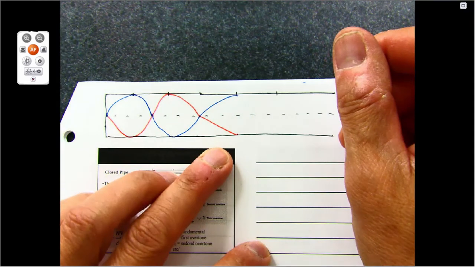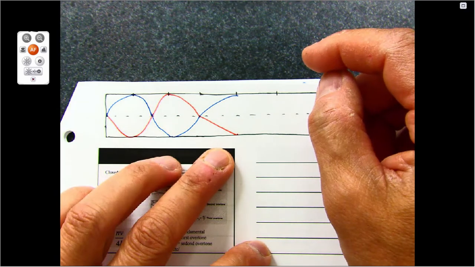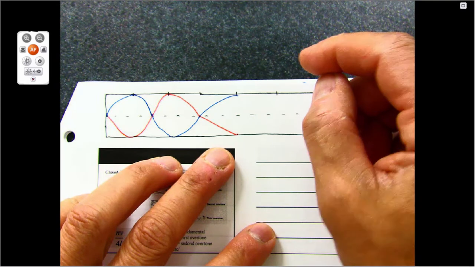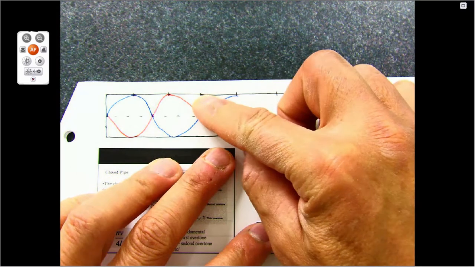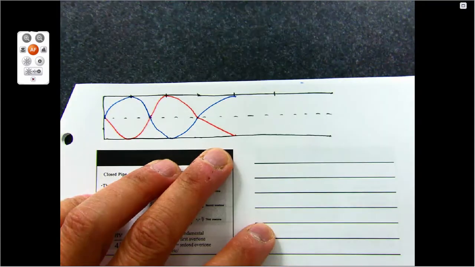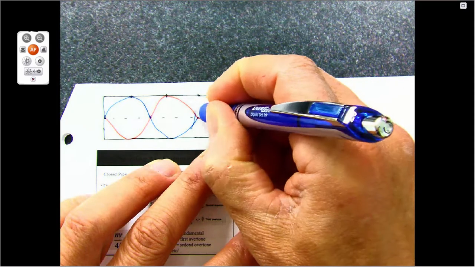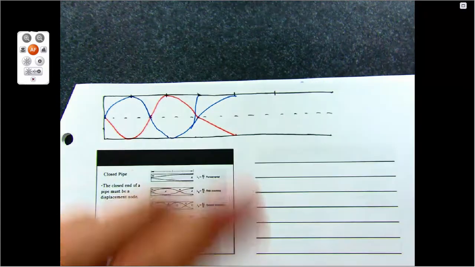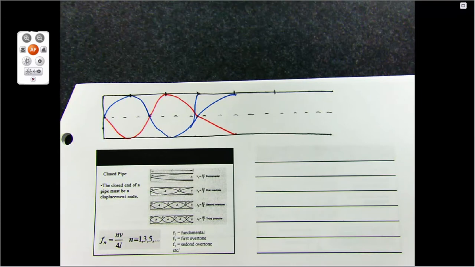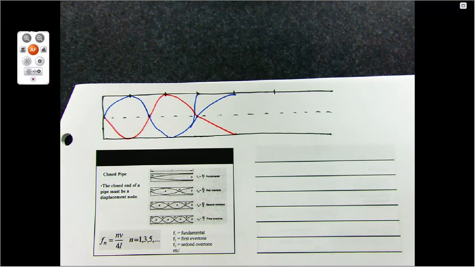I think I messed up. Yeah, this should have came up to here, right? So my blue wave got that messed up. And the only way to fix that is some whiteout. So, we'll fix it up next time.